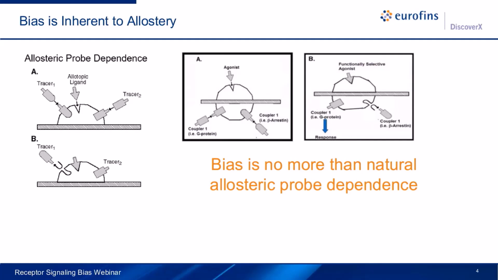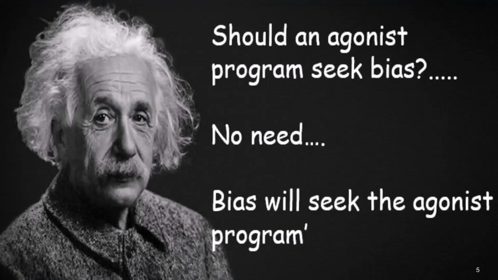So you'll affect tracer 1 more than tracer 2. Well, if I were to take those sites, put them inside the cell, give them names like G protein site, beta-arrestin site, that's all bias is: probe dependence that happens naturally for each of the signaling pathways.